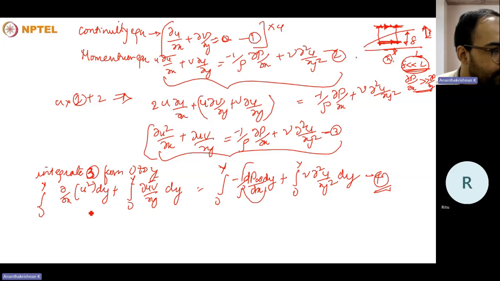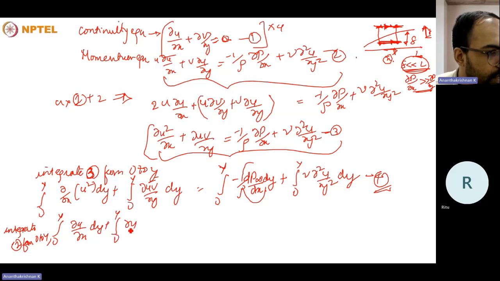Similarly, we have to do the integration for the continuity equation as well. From 0 to y, we integrate it. So it will be the integral from 0 to y of dou u by dou x dy plus the integral from 0 to y of dou v by dou y dy, equal to 0.